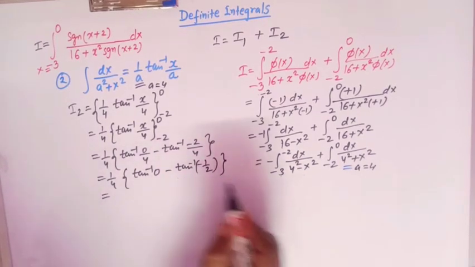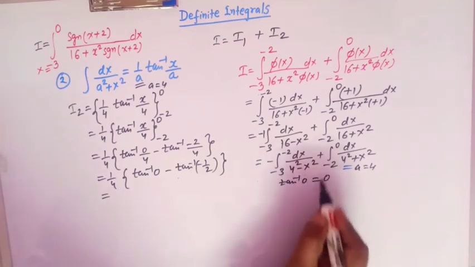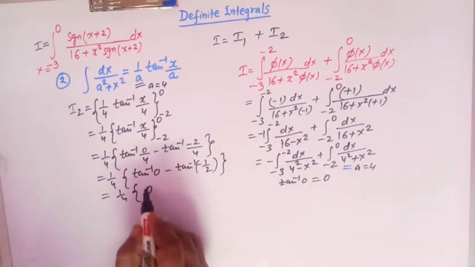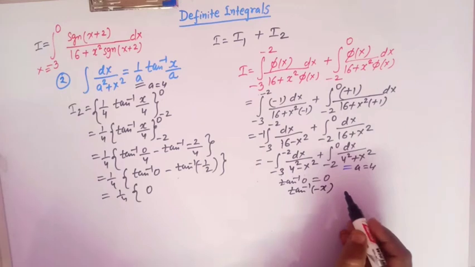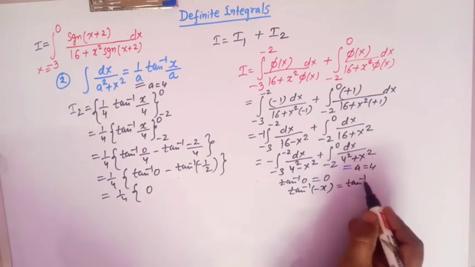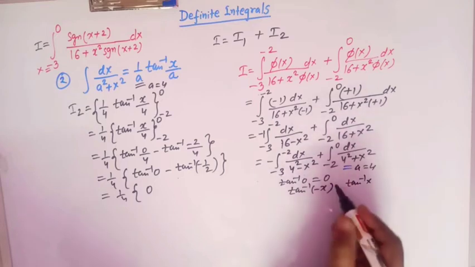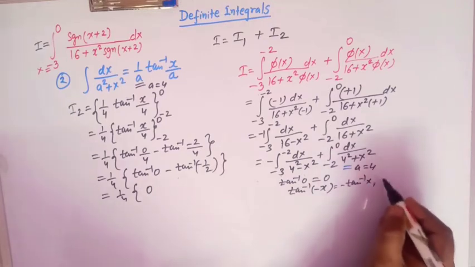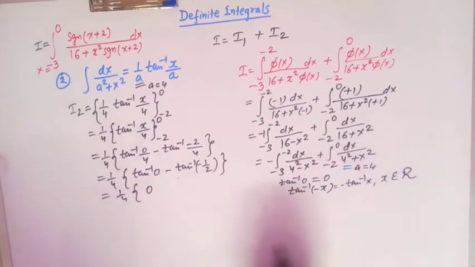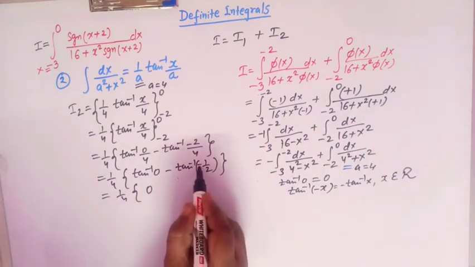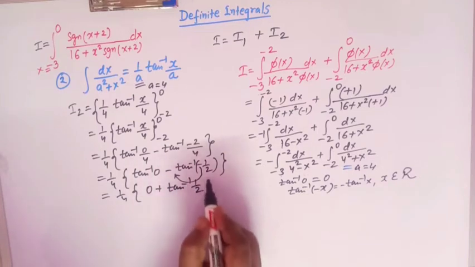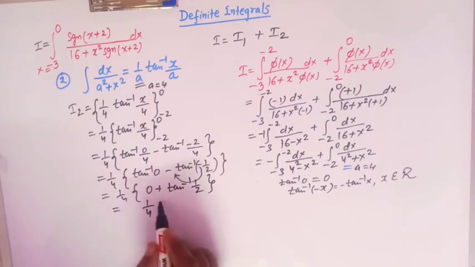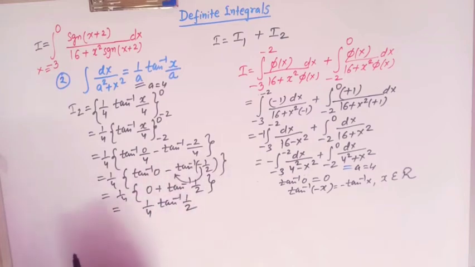And the value of tan inverse 0 is 0, and we know that tan inverse of minus x is equal to minus tan inverse of x for all x belonging to real numbers. So taking this negative sign outside, we have plus tan inverse half. So now we can write it as 1 over 4 tan inverse half.